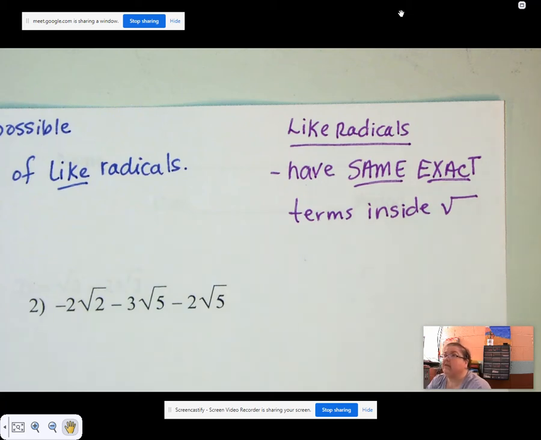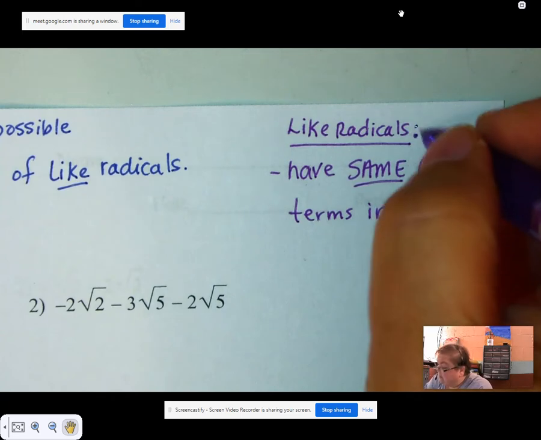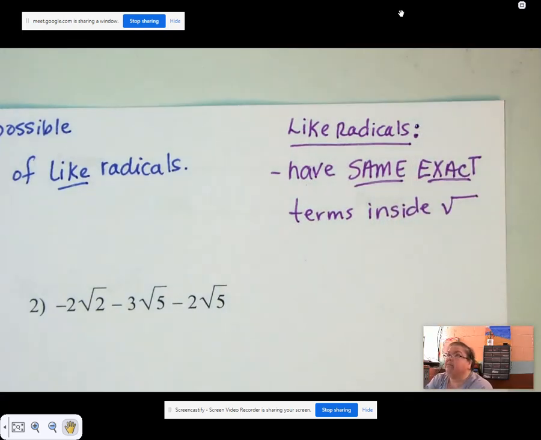Same exact terms on the inside. That's what like radicals are, or what they have. That's how we know that they are like. So it works the same way as it does with like terms. You can't combine them when we add or subtract if they're not like radicals. So they have to be like radicals in order to combine them.